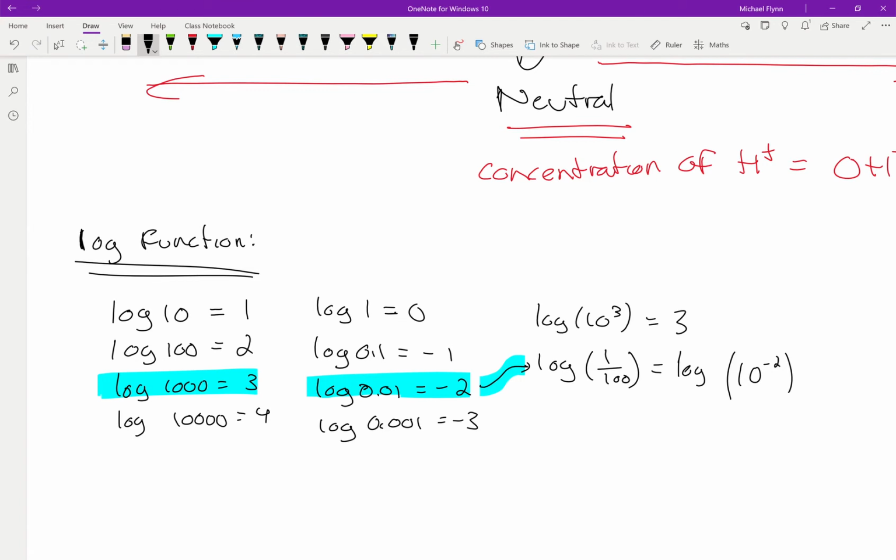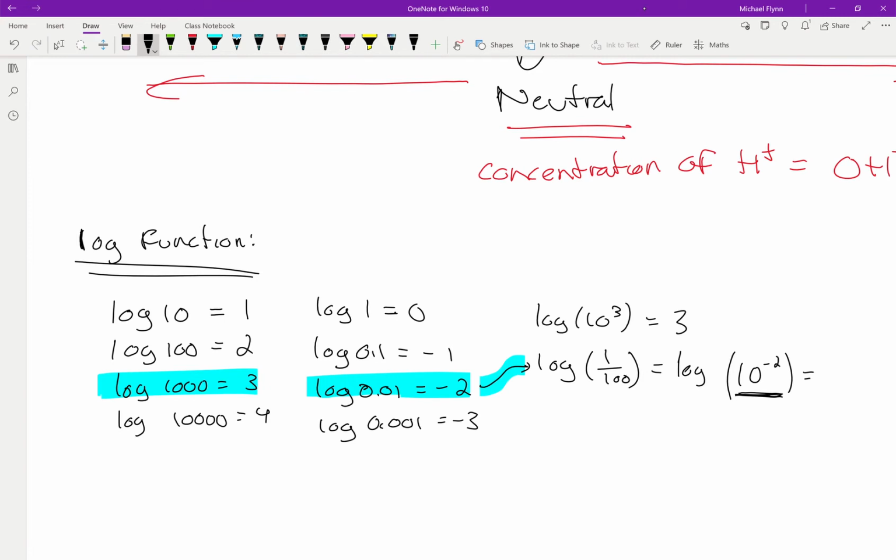You can write 1 over 100 as a power of 10 with a negative exponent, if you remember your rules for exponents, that if you have a reciprocal, it's a negative exponent. So 1 over 1,000 is 10 to the negative 3. 1 over 10,000 is 10 to the negative 4, right? I know that we talked about that in grade 9, and you should have done that in math in grade 9 too. So you should get that, okay? It should be all good.